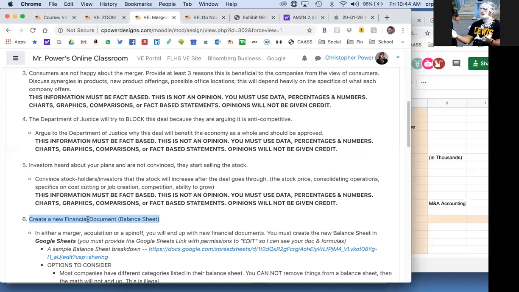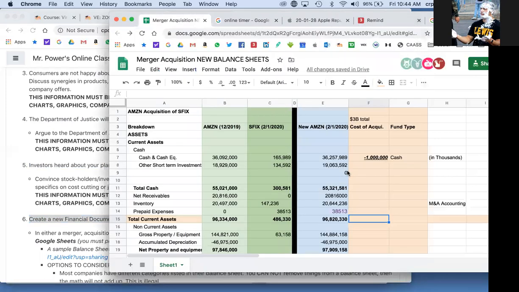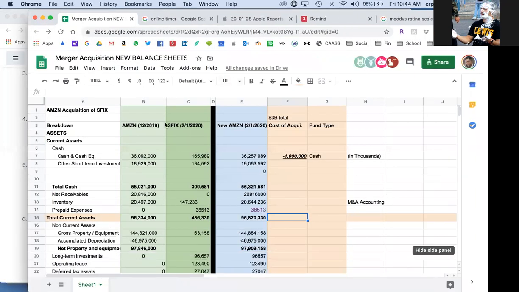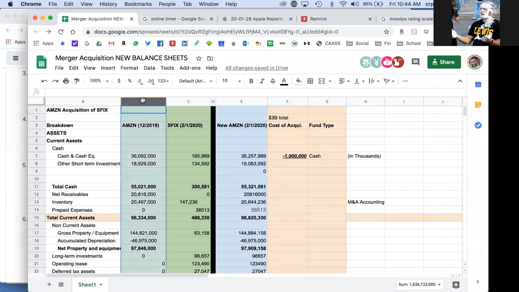That's important, okay? The process of merging them is easy. So that's what we've done here. We are now taking the Amazon balance sheet and the Stitch Fix balance sheet and merging them in column E. Does that make sense? So 1, Amazon details, categories and numbers. 2, Stitch Fix details, categories, numbers.